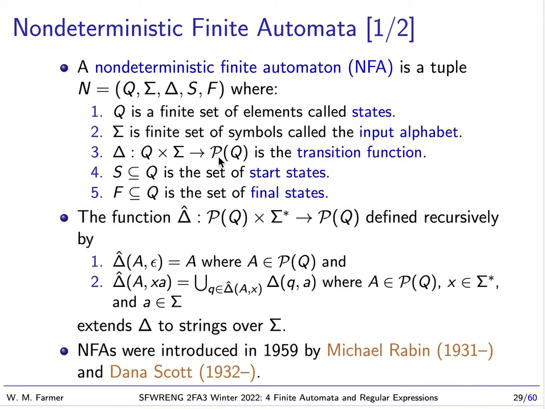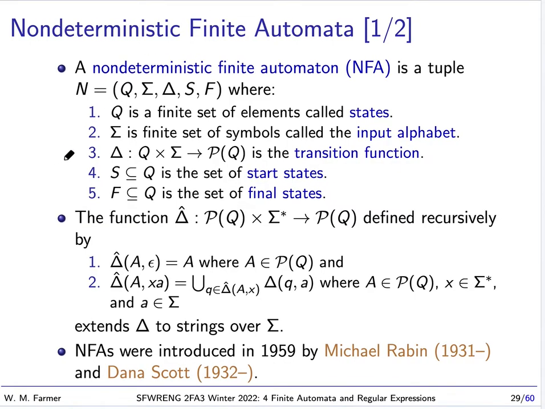This is different from a deterministic finite automaton, which returns a single state instead of a set of states. Capital S is a set of start states, and capital F is a set of final states. The major difference, as I just said, is right here.